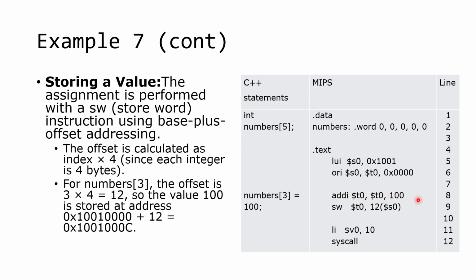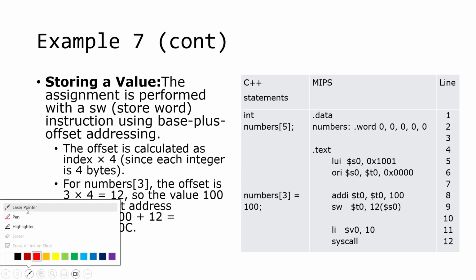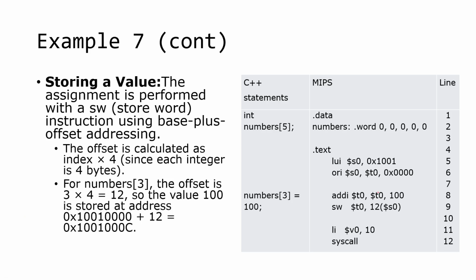ADDI $t0, 100. Here we want to store the value 100 inside $t0. We need to correct this because it should be register $zero only, so remove the $t0 here.